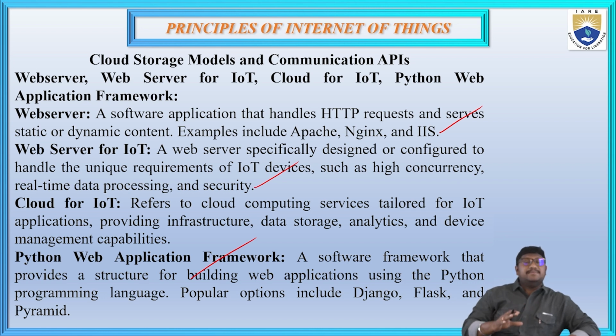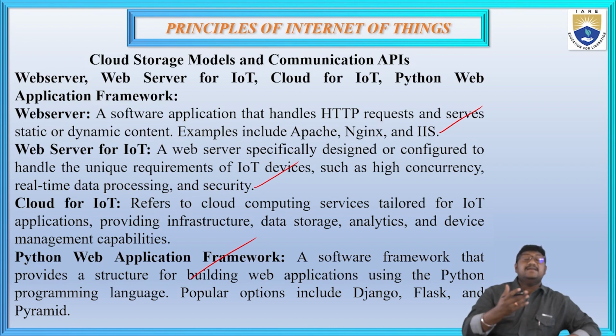A web server is nothing but a software application which handles HTTP requests and serves either static or dynamic content. The best examples are Apache, Nginx, and IIS. And coming to web server for IoT, it is a web server specially designed or configured to handle the unique requirements of IoT devices, such as high concurrency, real-time data processing, and security.